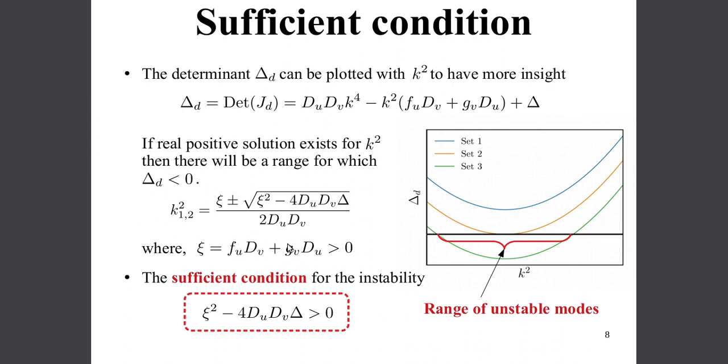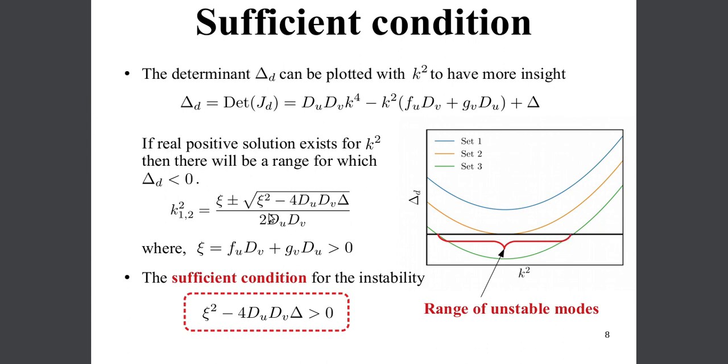Now du dv and delta are also positive, so this square rooted term is less than xi. So we can have two k square values which are real solutions, and solution means it is cutting the x-axis, basically the k square axis here.